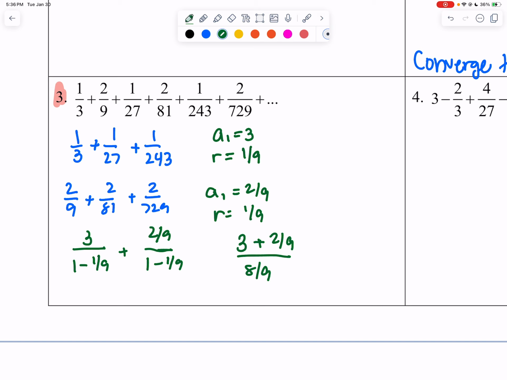Wait, that's 1/3, not 3. That's why I was thinking, okay, 1/3, so that's going to be 3/9. So 3/9 plus 2/9 is 5/9. 5/9 over 8/9 is the same thing as 5/8.